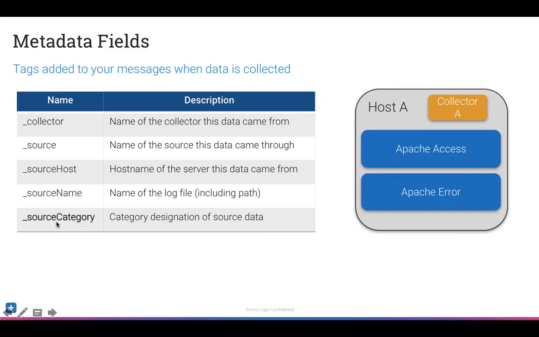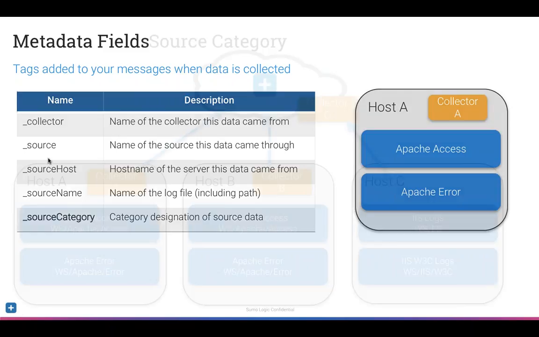And the last one in here, which I've highlighted and bolded, is source category, which could be any category designation that you want. And we use this quite a bit, so I'll talk a little bit more about that. But very quickly, you notice that using any of these metadata fields, you can pin down all the way down to like the host or even the source. When you're searching for data, you can be very specific as to what you want to search.